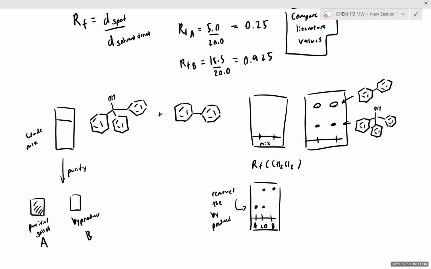RF is just the RF value, and taking a TLC is a very quick method to immediately see how many things are in my mixture, how different they are in terms of polarity, and what kind of column separation I can use. Does that answer your question?